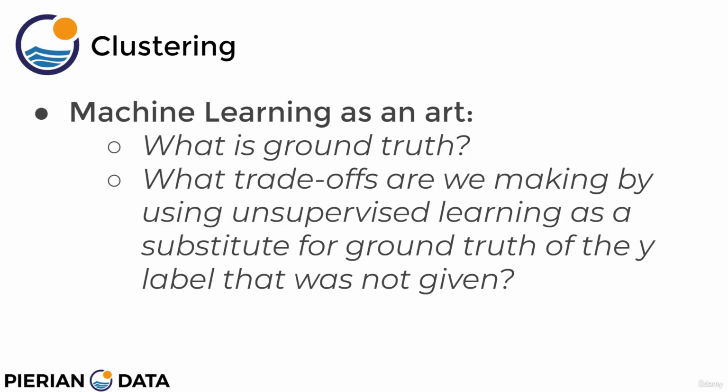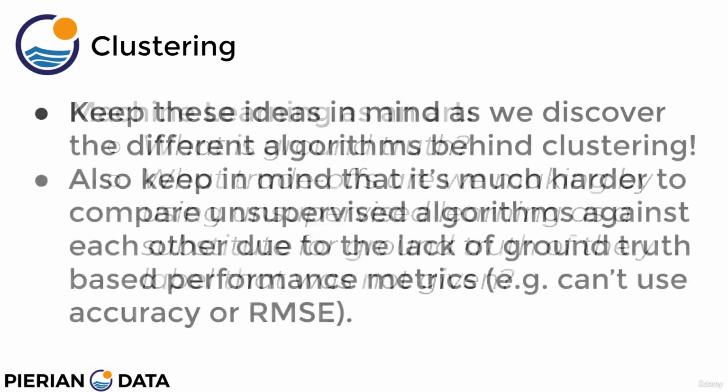And when we think of a Y label for supervised learning, we're thinking about that as a ground truth. So the questions we should be thinking of is, what is ground truth? And what trade-offs are we making by using unsupervised learning as a substitute for ground truth of the Y label that was not given? And was there any way to actually ever know what that ground truth for any potential Y label was?